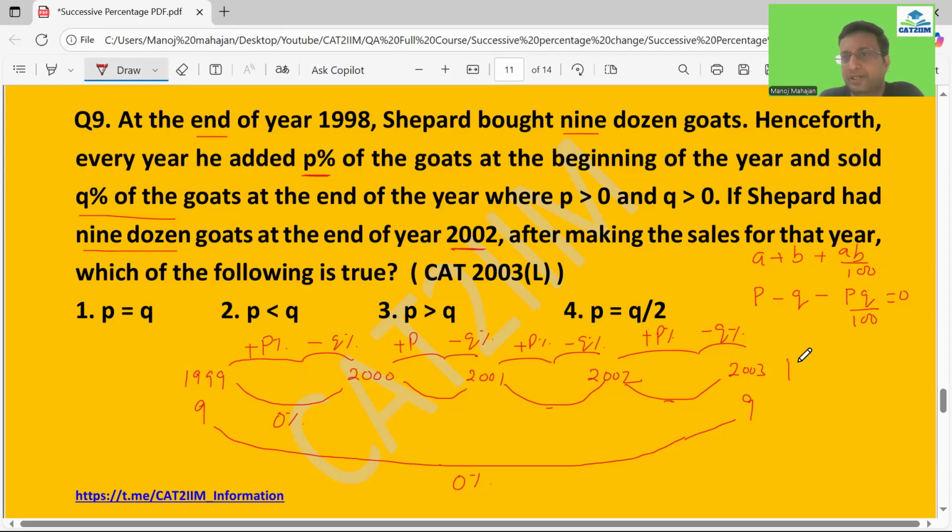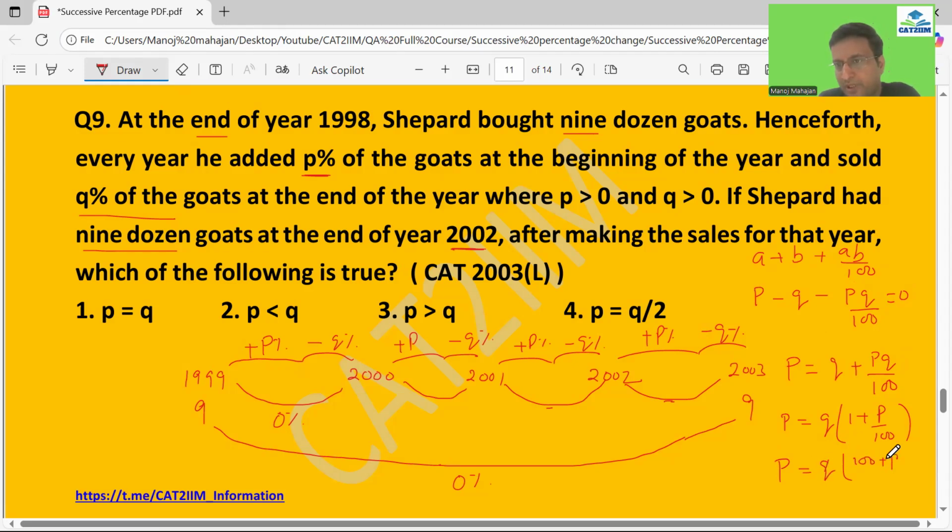Let me rearrange and write here to get the answer. What I get is P is equal to Q plus PQ by 100. Further, I can write it like this: Q common, if I take 1 plus P by 100. Ultimately, if I do it like this, I would be able to get the answer. So what is the final thing we have?